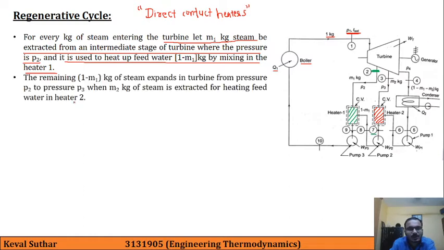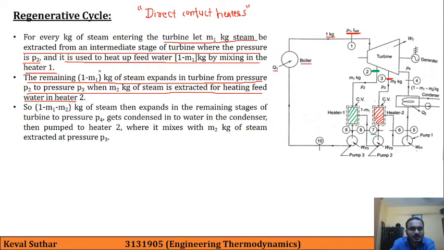The remaining 1 minus m1 kg of steam expands in turbine from pressure P2 to P3, where m2 kg of steam is extracted from the turbine for heating the feed water in heater 2, that is over here. And we are discussing about point number 3. We have already discussed everything.